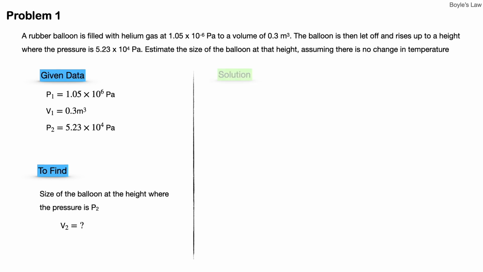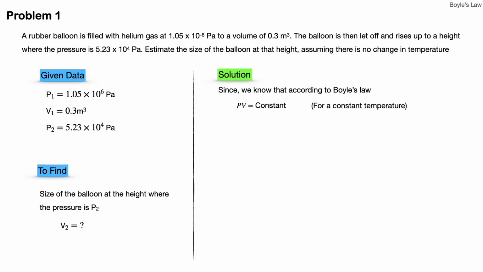So we are going to use Boyle's law for that, which states that at a constant temperature, the product of pressure and volume is a constant quantity. So P1 V1 is equal to P2 V2, which means the product of initial pressure and volume is equal to the product of final pressure and volume of the gas.